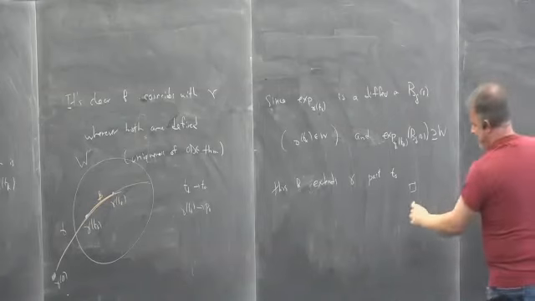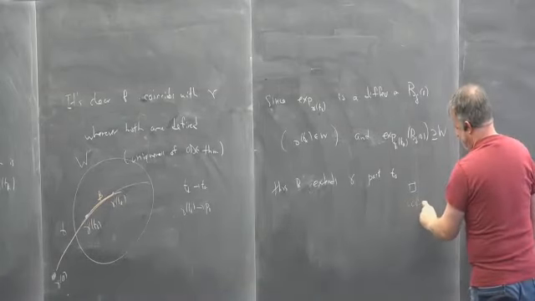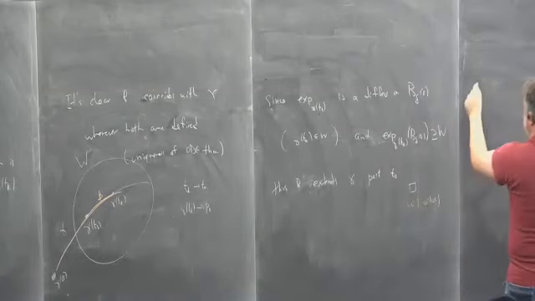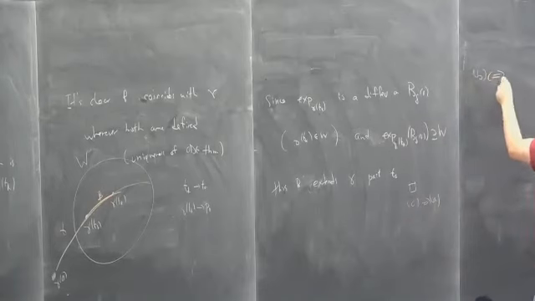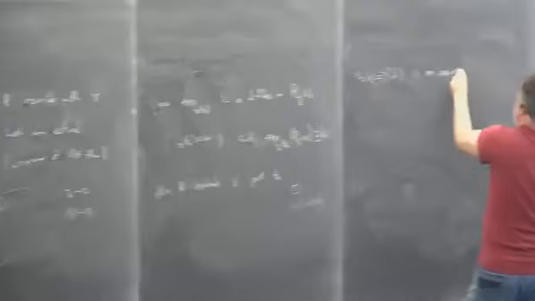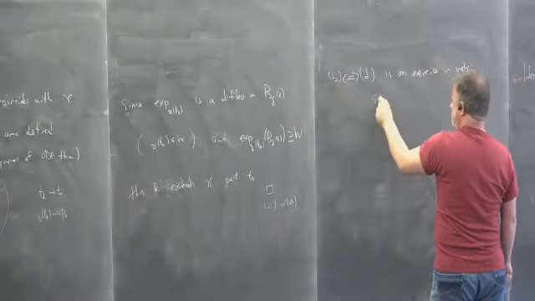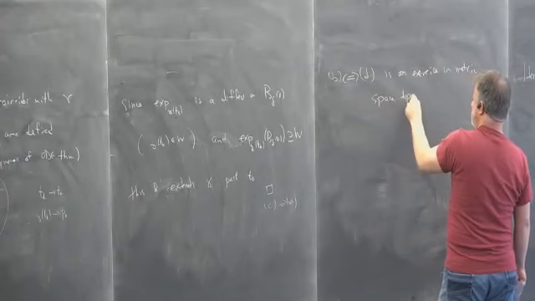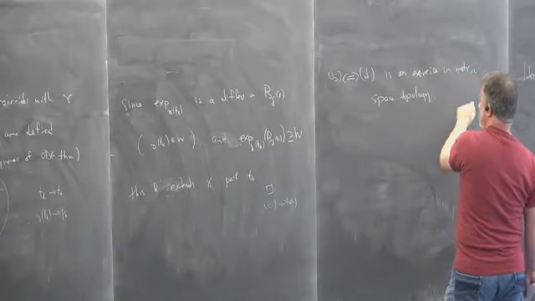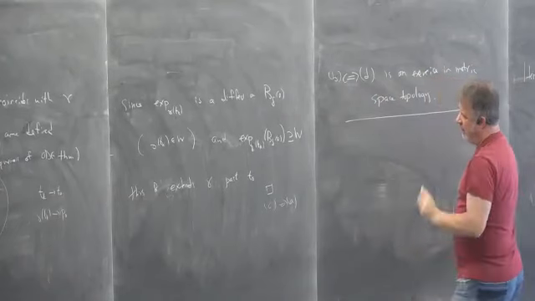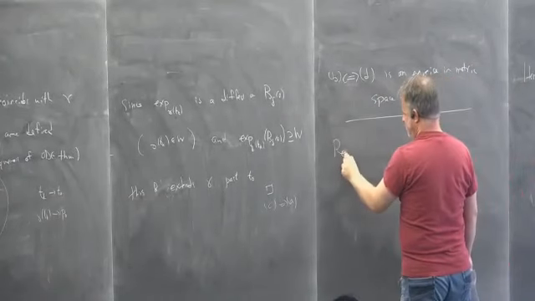Okay, so this was C implies A. And I'll leave B is equivalent to D as an exercise in metric space topology. It's easy to do, so I'll leave that for you. But let me make a remark.